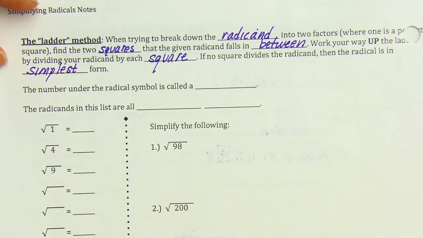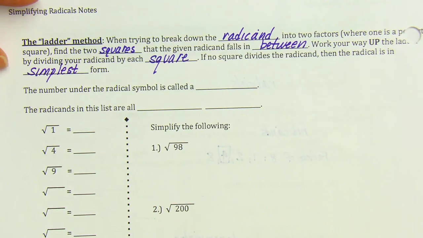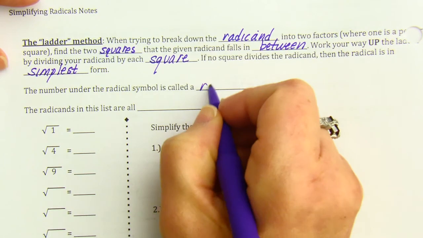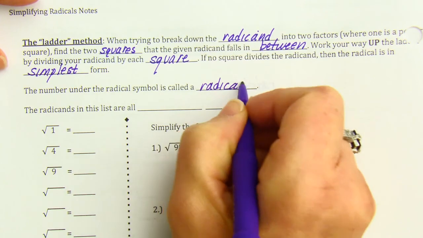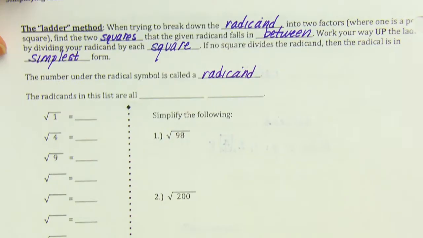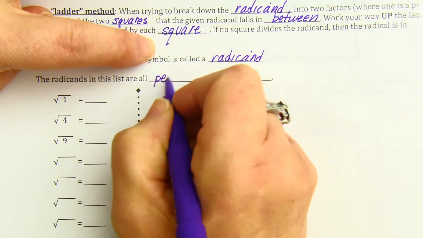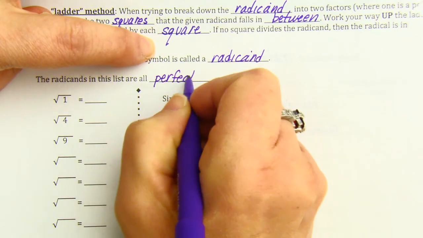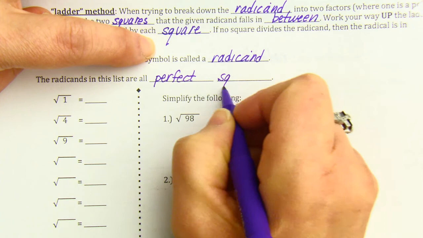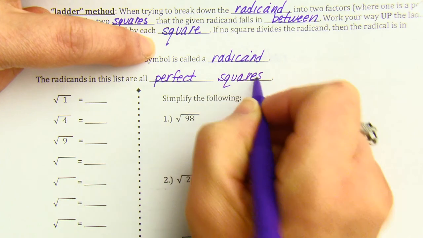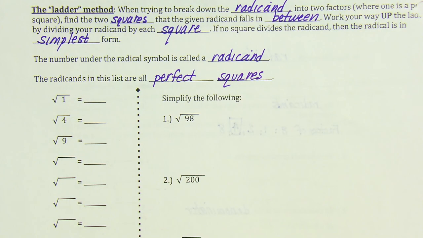The number underneath the radical symbol is called a radicand. And when we fill in this list, we're going to say the radicands in the list are all perfect squares. All right, so the best thing we could do here now is to complete our list.